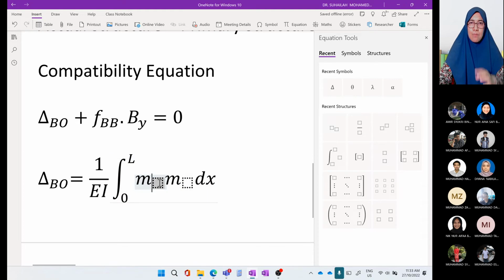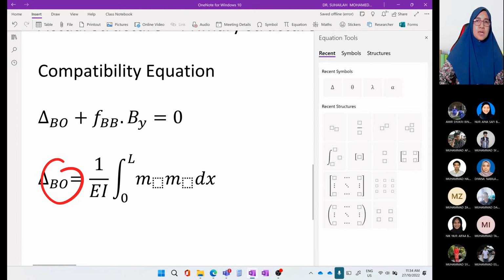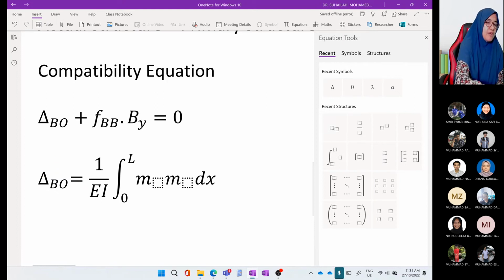So we have M something times M something. What are these two? They refer to the notation that we use here: B and naught.